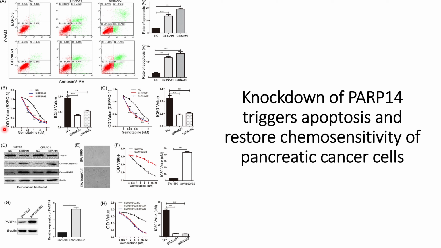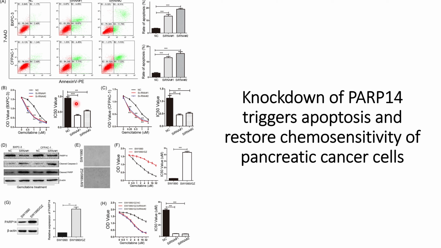Here we can read it in a way that when gemcitabine is used, the number of live cells is higher, whereas in the case of the silencing RNAs where PARP has been knocked down or suppressed, we can see the live cells are lower for both siRNA1 and siRNA2. And when they check the IC50 value, it is significantly lower in the case of siRNA compared to the control.